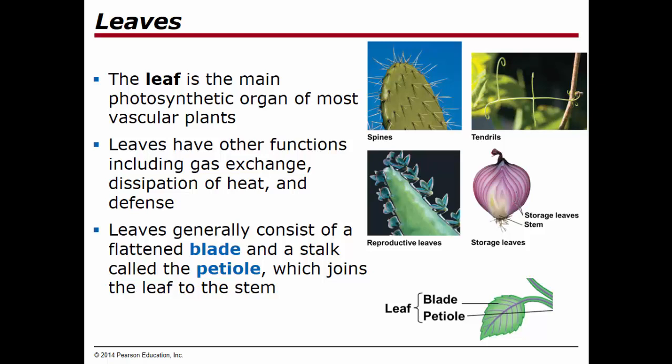These reproductive leaves have the ability to break off, grow new roots and stems, and become a whole new plant. Other leaves, called tendrils, are involved in gripping and providing structural support for various plants, particularly vines. They essentially wind themselves around another plant or a wall or some other structure and allow the plant to reach a higher height where more light may be available.